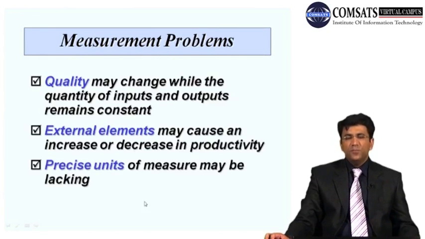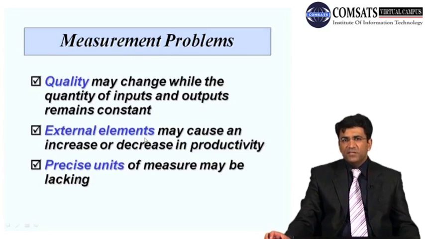Now students, there are some problems when we measure productivity. One of the problems is that quality may change while the quantity of inputs and outputs remains constant. So by changing the quality of the inputs, we may be able to improve the productivity.